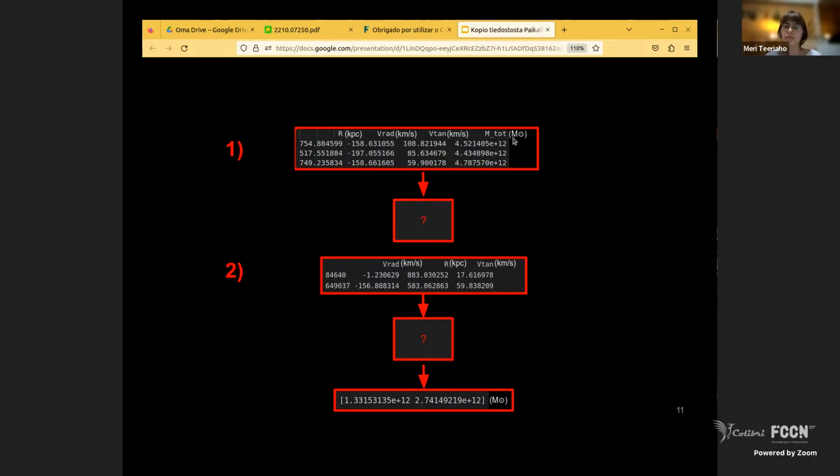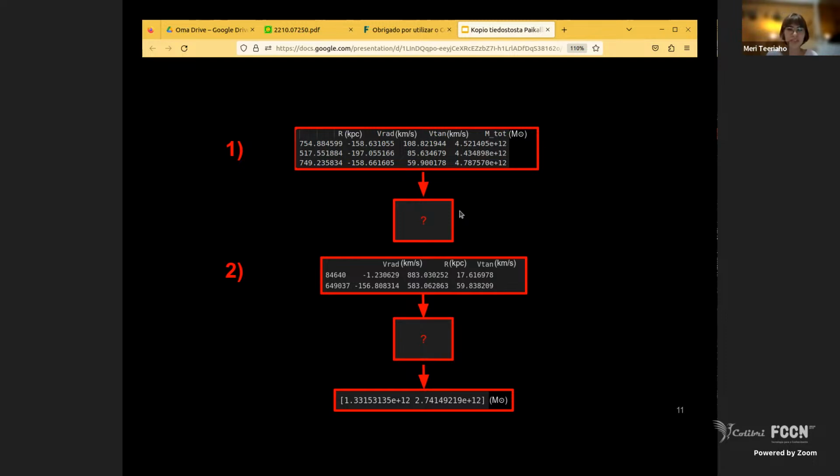And from the simulation, we, of course, know all these values because in the simulations, you can calculate the total mass. And we can put it in the black box in the algorithm. And there is a question mark because we can't really know what happens inside it. Or you can know it, but the algorithm is pretty hard to describe.